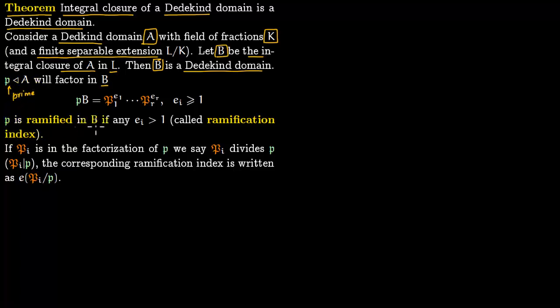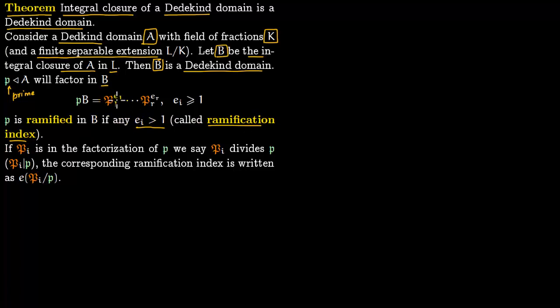So this P is ramified in B if any of these e_i is greater than 1. You have factorized it into this bunch of prime ideals, and if any of these e_i is greater than 1, then we say P is ramified in B, and this e_i is called the ramification index.